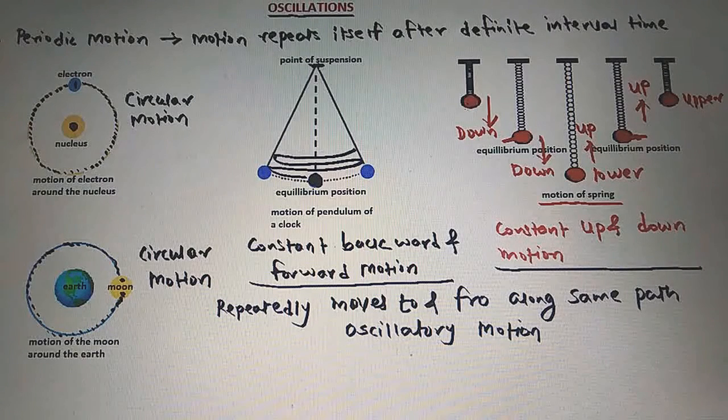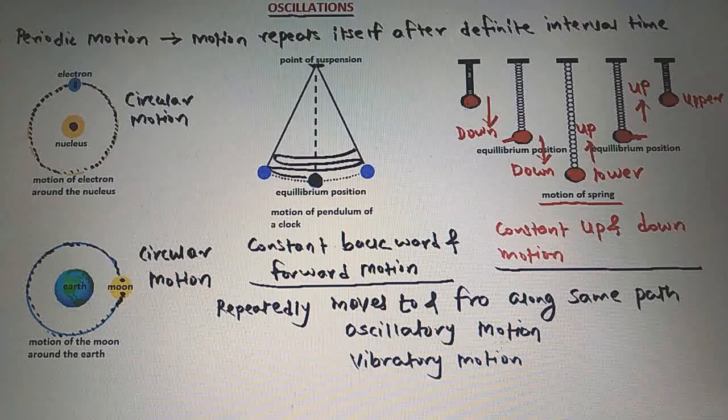The oscillatory motion is also called vibratory motion, and this vibratory or oscillatory motion is a periodic motion. Here we are seeing four examples of periodic motion.